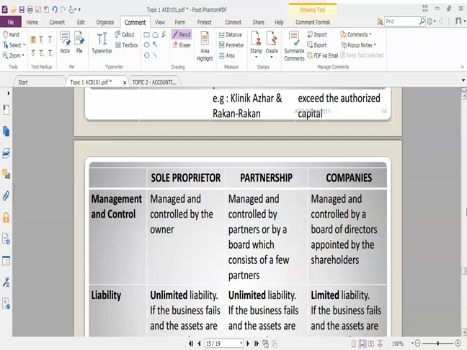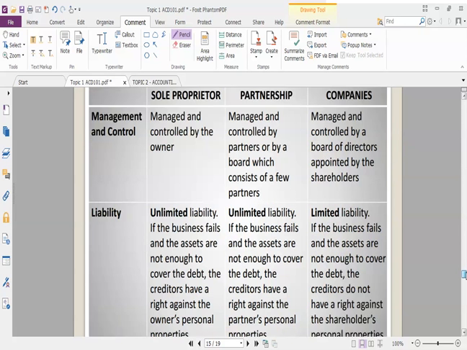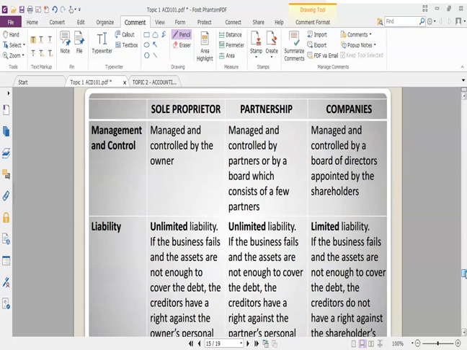How about liability? What does liability mean? For a sole proprietorship, it is unlimited liability.